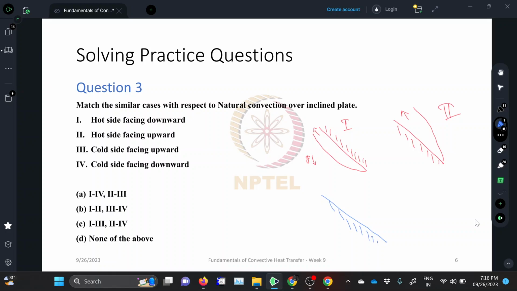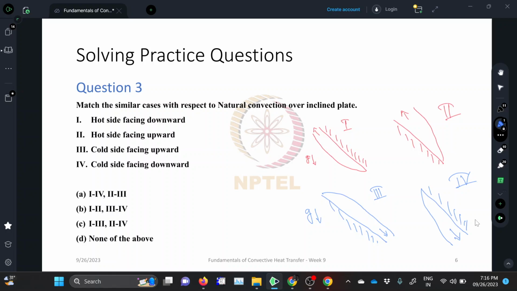Now the boundary layer would start from the top and go towards the bottom. G is still acting this way. This is case number 3, and we have cold side facing downward. This is case 4. So velocities in both these cases go towards the downward direction.